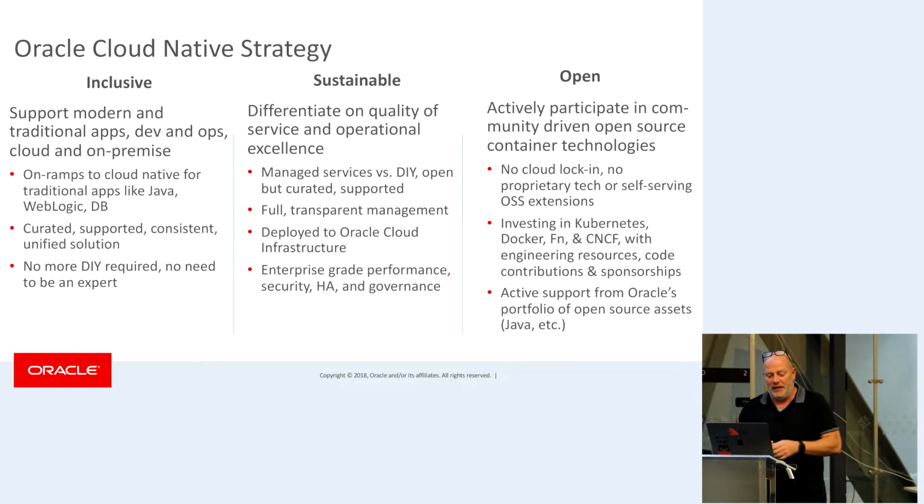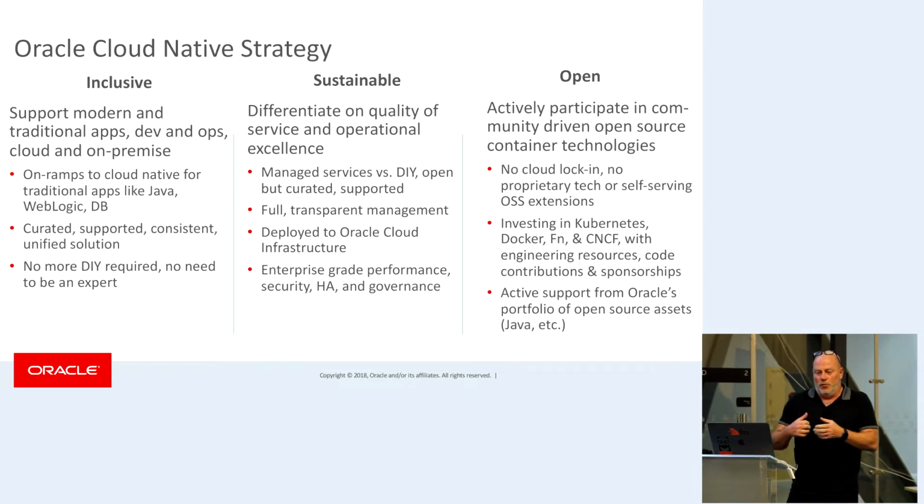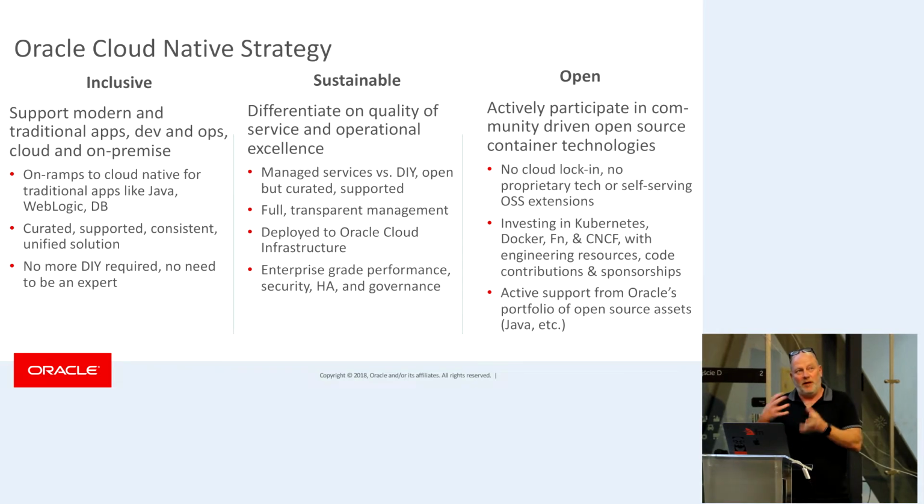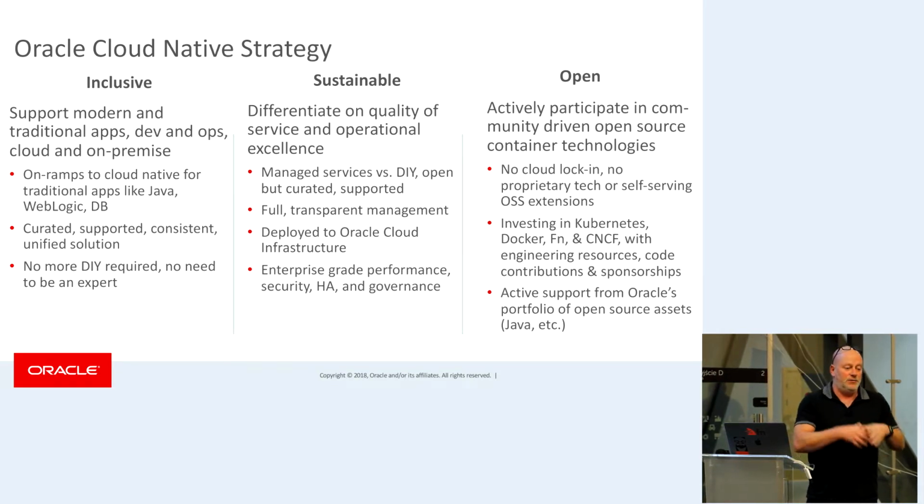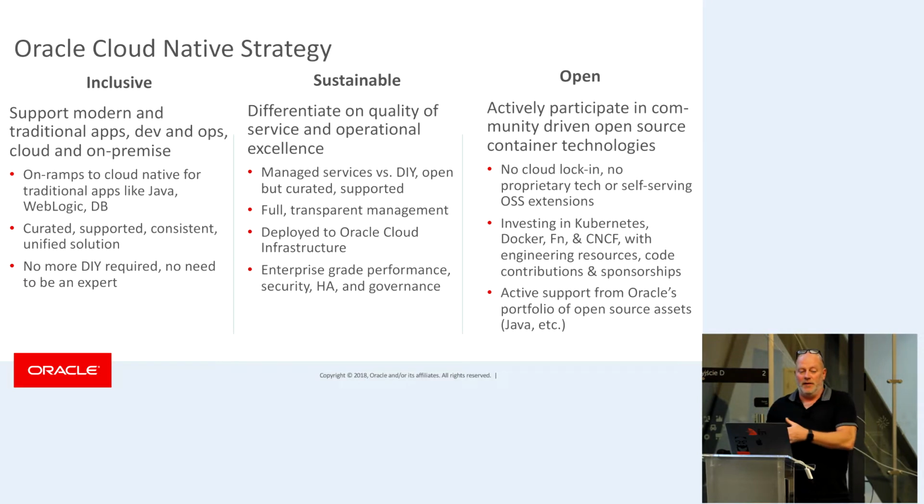So as we sort of covered before, we're trying to be sustainable. So it's trying to make a managed service using open source, but curated and managed in that way to avoid lock-in. We're taking full advantage of the performance and the security of the underlying infrastructure. And we're playing in the right game in open source by using pure upstream Kubernetes when we create a service like Kubernetes.